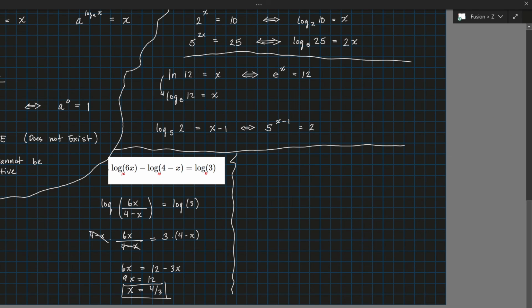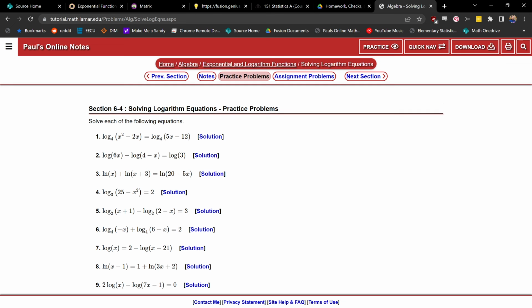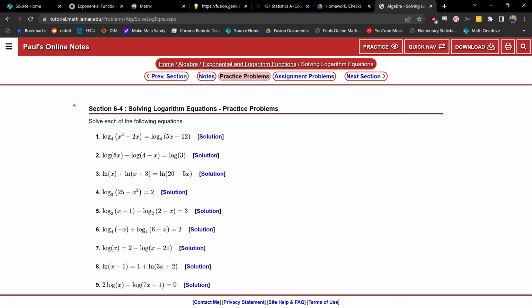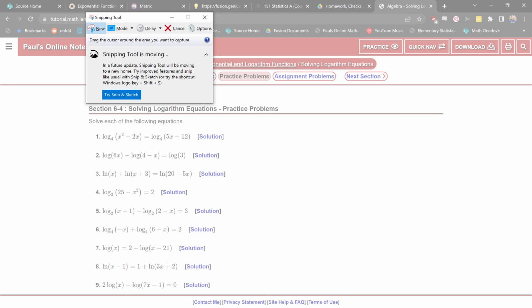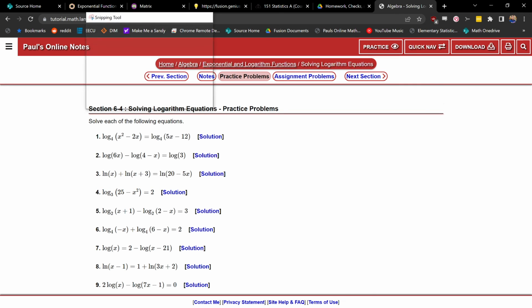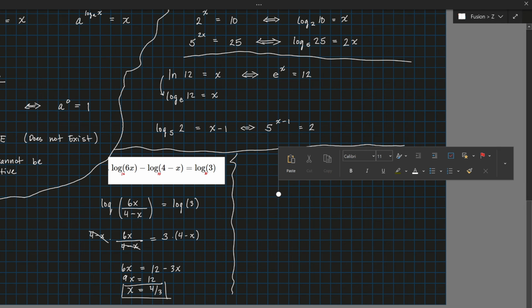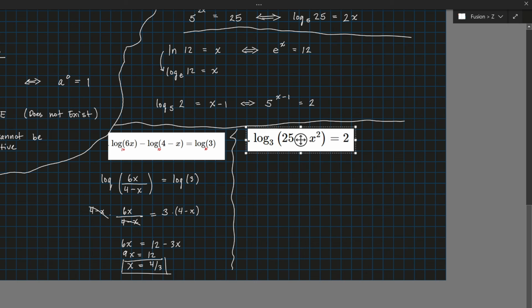Let's do another one. Now this one only has one log function.